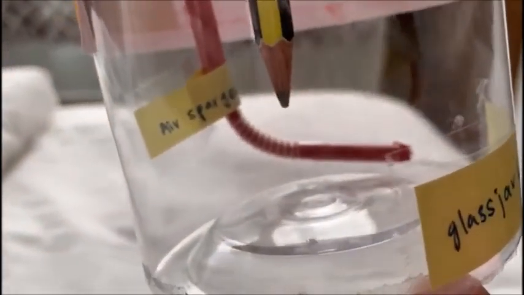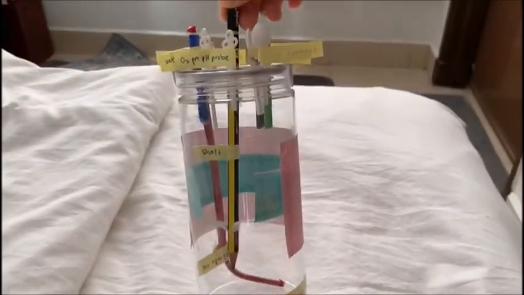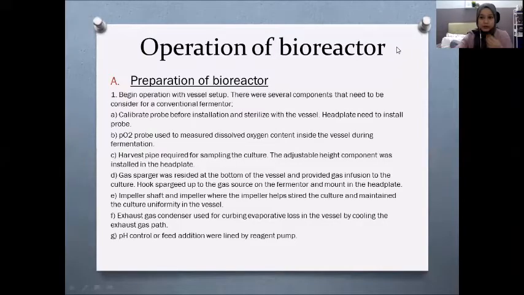Then we have the baffle, the impeller, and then we have the sparger, and the glass one is the glass jar of bioreactor. The pink one is the jacket basically. So here is my visualization of bioreactor.